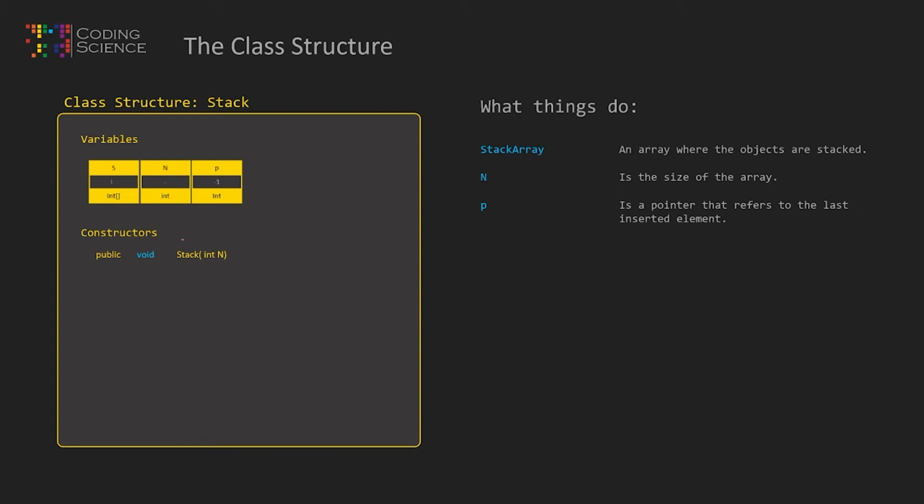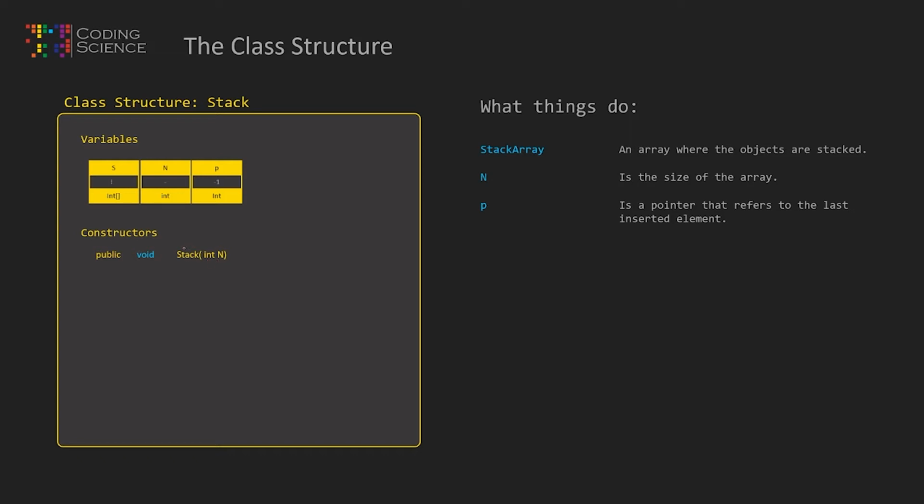We can see here, for example, that we'll call this constructor Stack with a capital S, and what's in parentheses are the parameters it takes in. It will take in an integer, the number n.